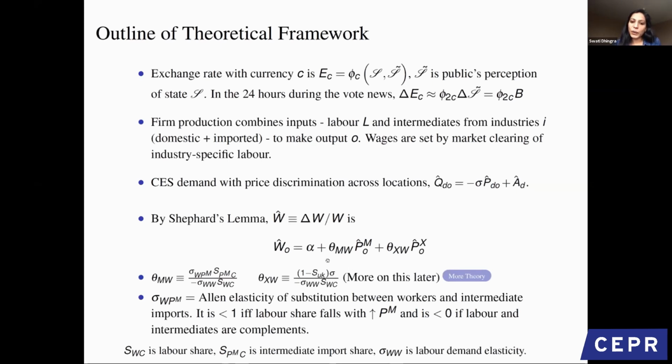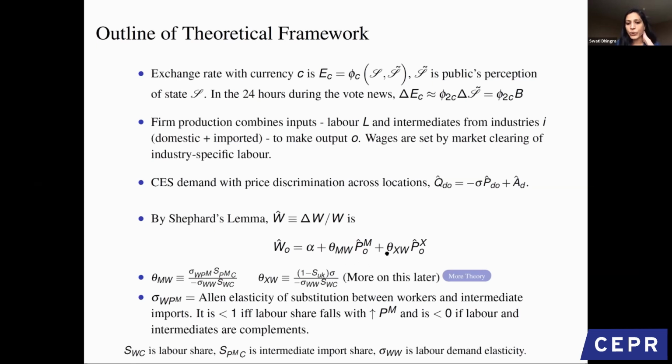The coefficient that we're going to show you is really this theta MW, which, if you were to write it down properly, would also take the same sign as the Allen-Uzawa elasticity of substitution, which is the pure elasticity: if I increase usage of intermediate imports, how am I going to shift my workers around? That's really the elasticity that it's going to measure.